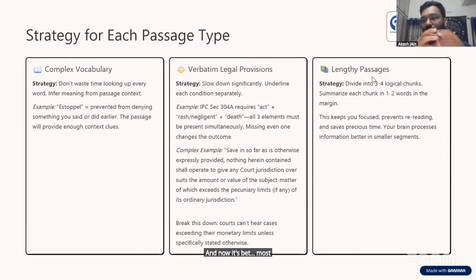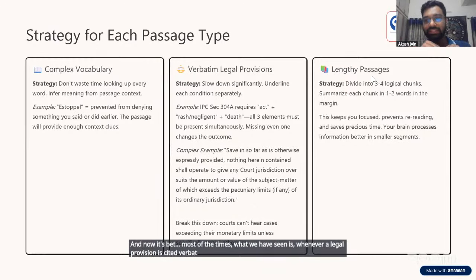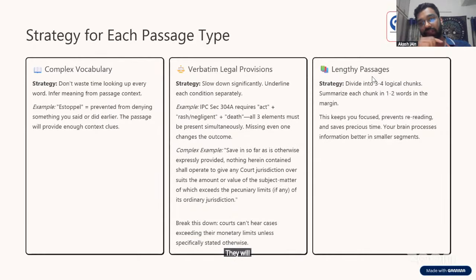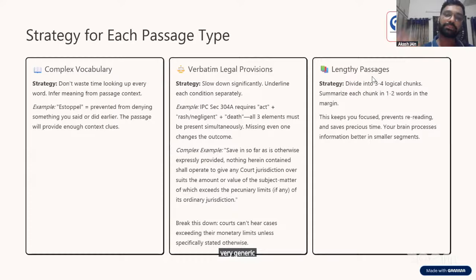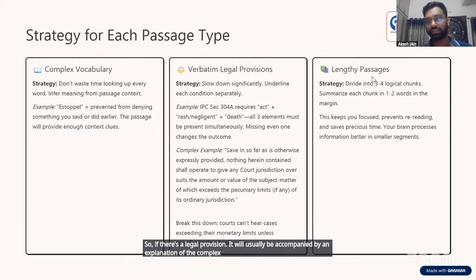Most of the time, what we have seen is, whenever a legal provision is cited verbatim in a CLAT passage, it will be accompanied by a very generic and very simple explanation of the legal provision. So if there's a legal provision, it will usually be accompanied by an explanation of the complex terms which are mentioned in the passage.